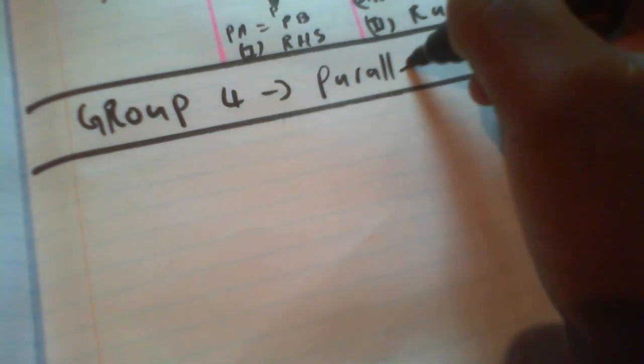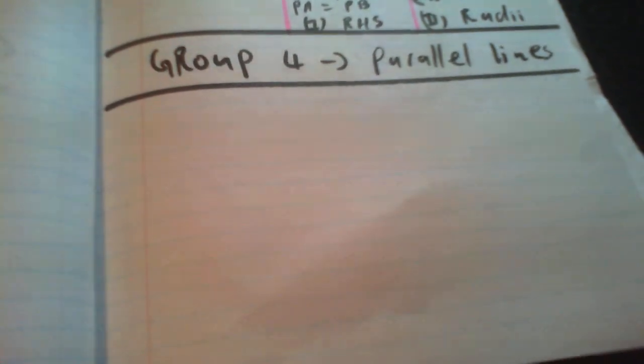So now I just want to quickly speak about the fourth group. Fourth group, we all know this one is parallel lines. We learned it long ago in grade 8 and in grade 9. So it's important because without parallel lines, then the Euclidean geometry becomes short. There's not much you can do, but you must understand parallel lines very well.